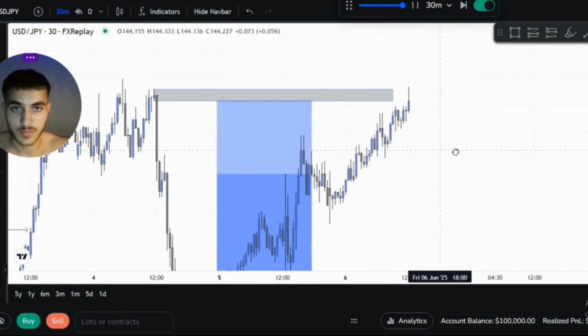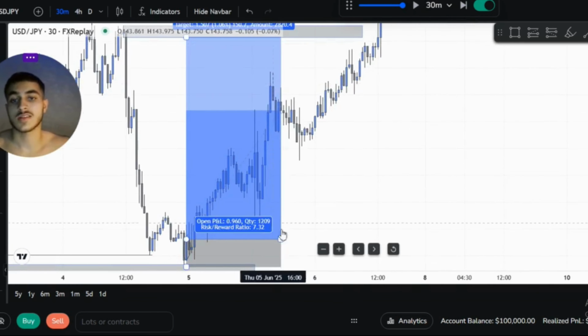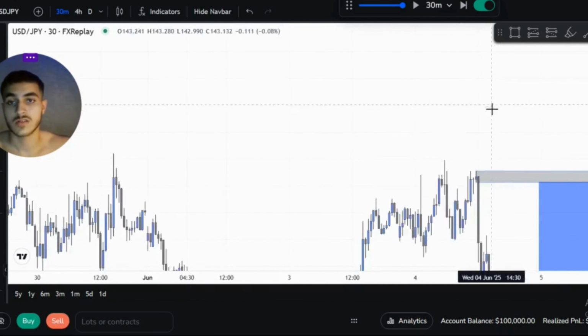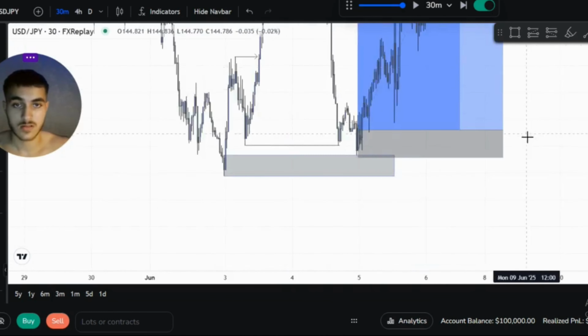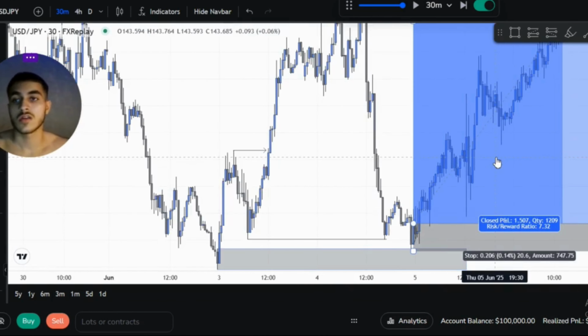So guys, as you can see, we are in bullish trend, and our risk reward in this trade was 7.3.